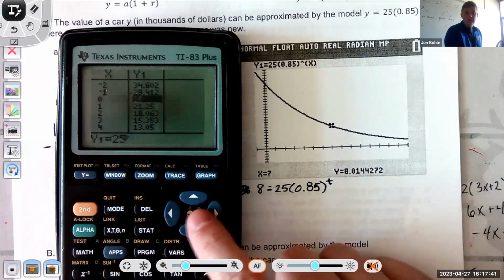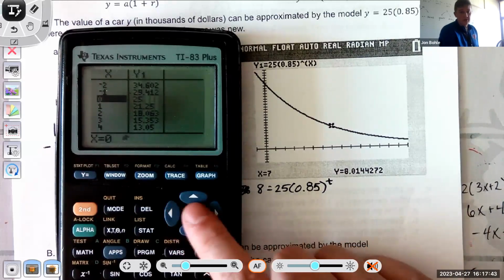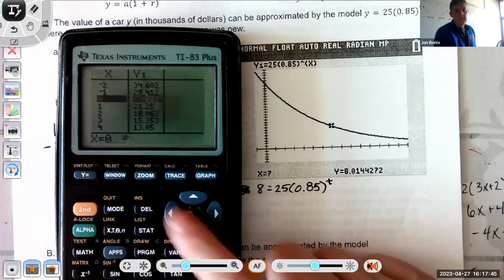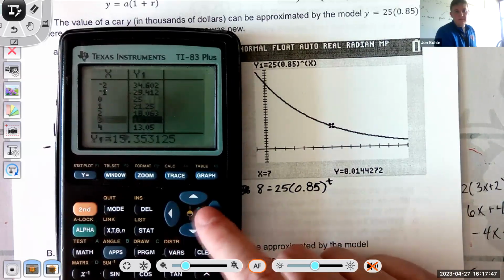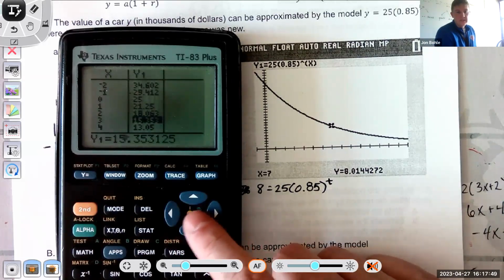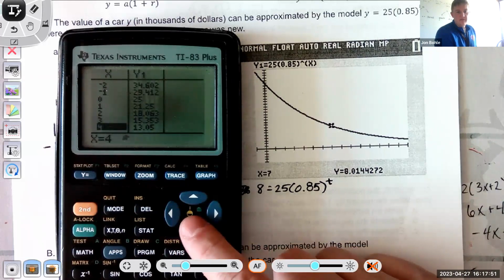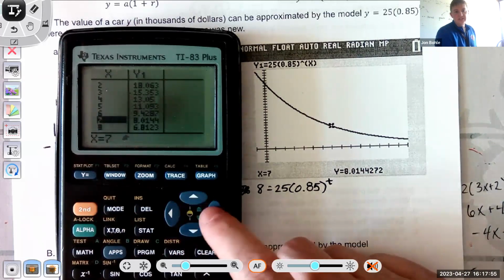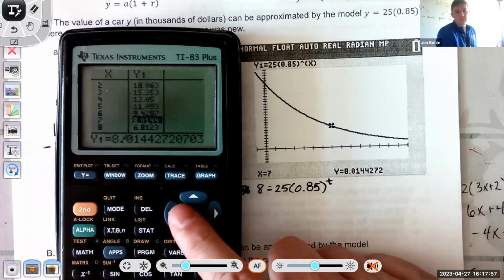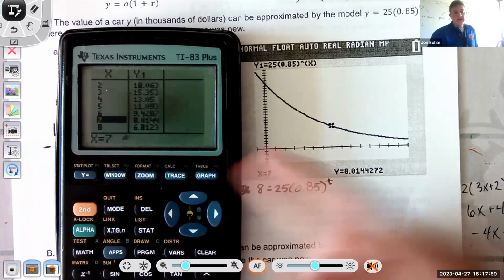After 0 years, it's a $25,000 car. After 3 years, it's about $15.3 thousand. So now what I have to do is just try to find when it's approximately 8,000, which this is about as close as I get. Y is 8.01 and X is 7.